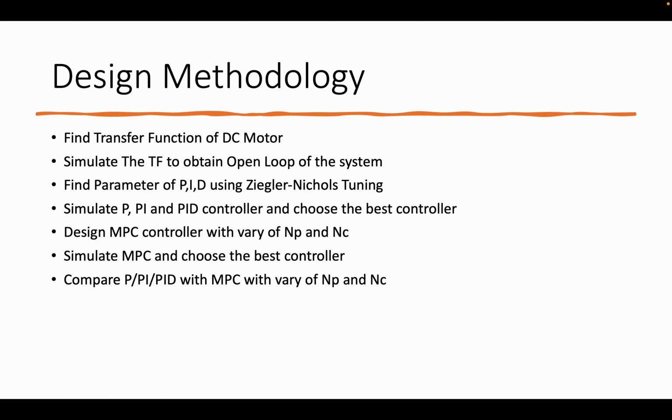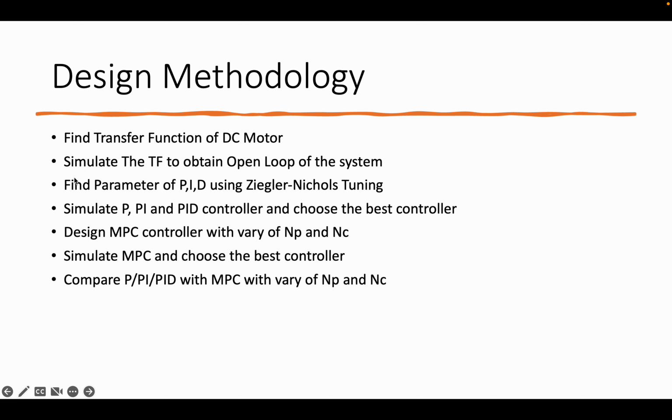For this report, I would like to describe the methodology. The first thing I did is find the transfer function of the DC motor, and after that simulate the transfer function to obtain the open loop response of the system.